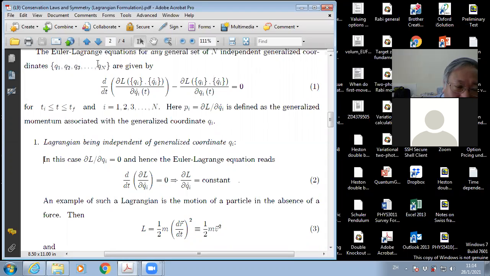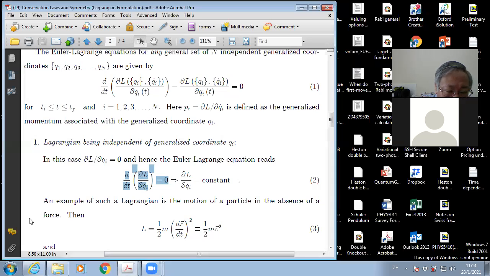So in equation 1, we can see that this term will disappear. So we are left with this. The time derivative of the generalized momentum is equal to 0. In other words, the generalized momentum is a constant, or is conserved.